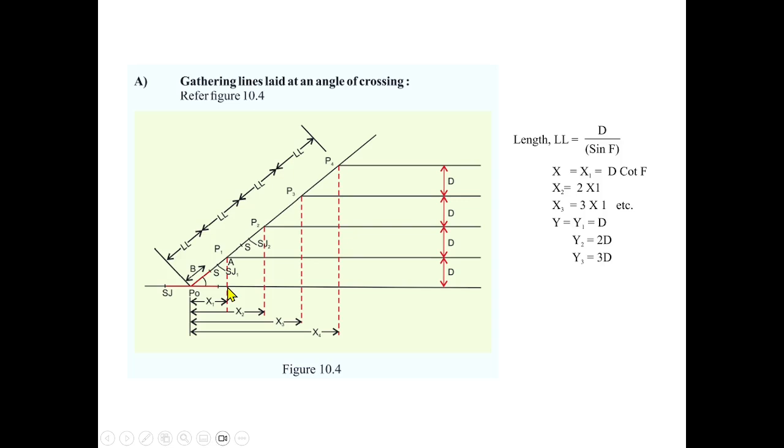We know the equation well: x equals d cot of this angle. Once d is fixed, suppose we fix 5 meters, and when you are using an 8.5 crossing, 5 into 8.5 will be this x distance. That is, d cot of the crossing number, into the distance.